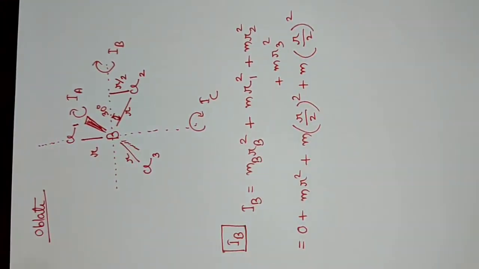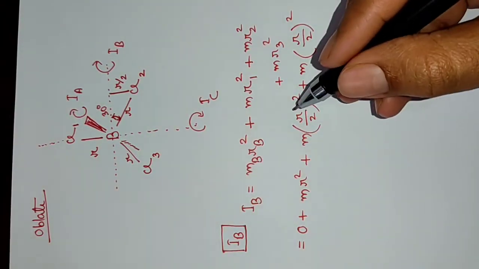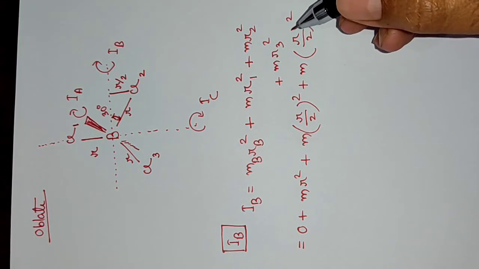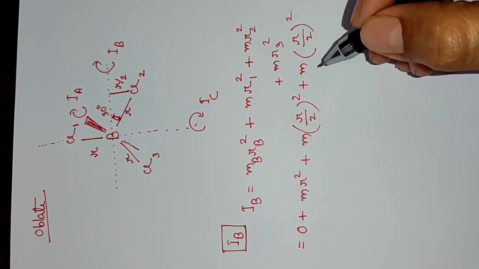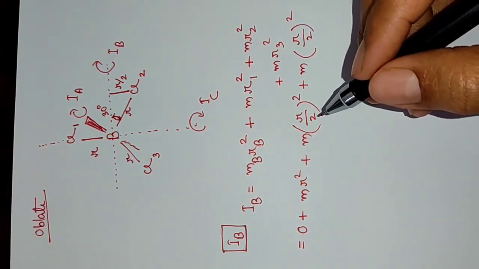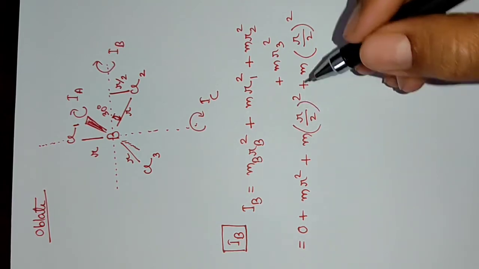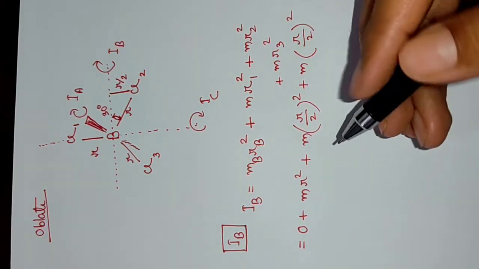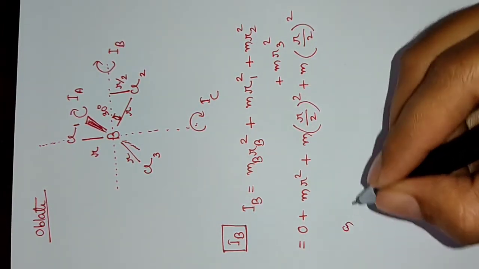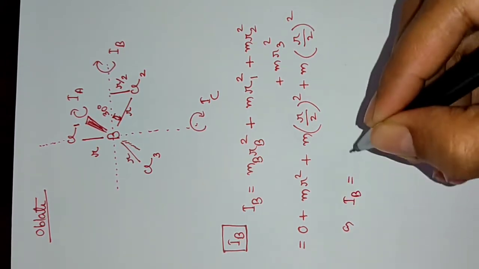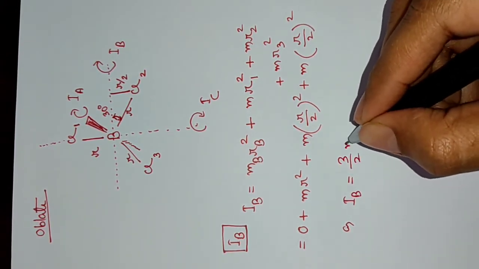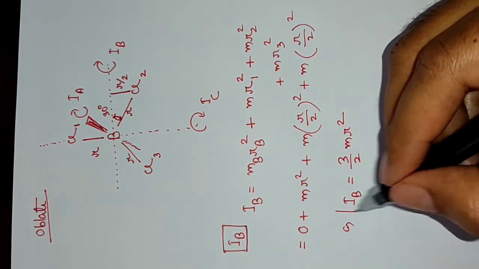So what we get, m r square by 4 plus m r square by 4, so 2 times, it will be m r square by 2, so half m r square, and it is 1 m r square. So in total we have IB equals 3 by 2 m r square.